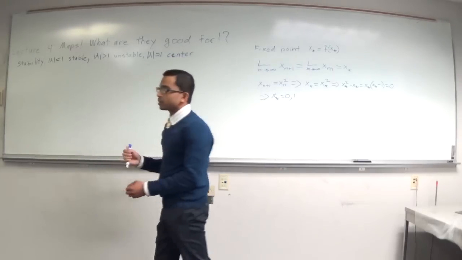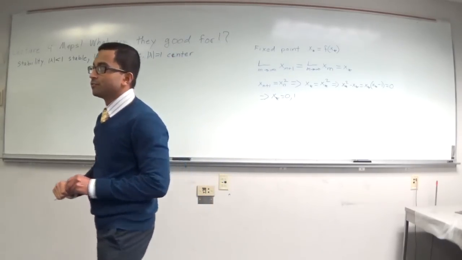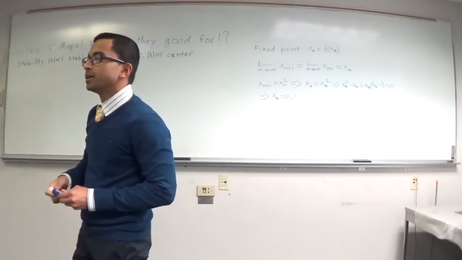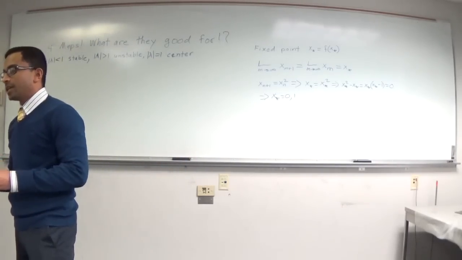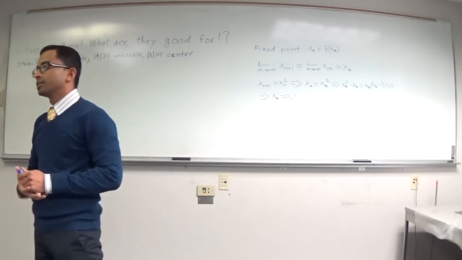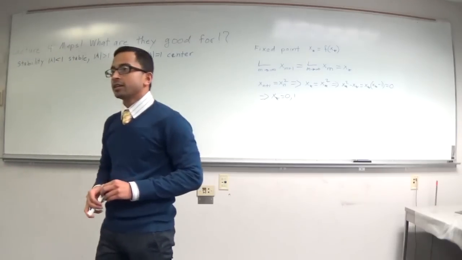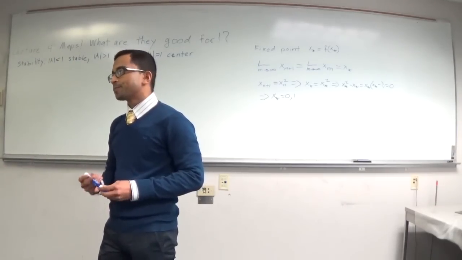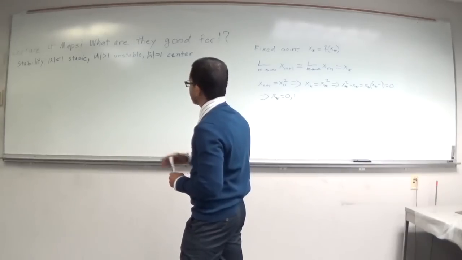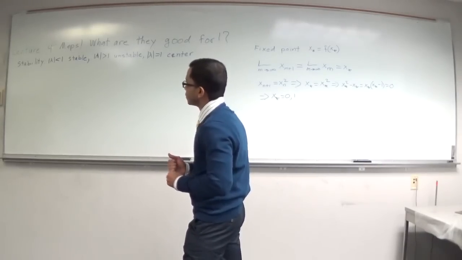So it's quite similar to flows. For flows, negative eigenvalues are going to be stable, positive are going to be unstable, and 0 is going to be center. So it has a nice correspondence or relation to flows.